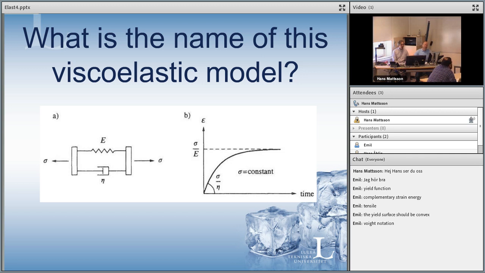Maxwell model. It's not correct. So the question goes over to group number 1.